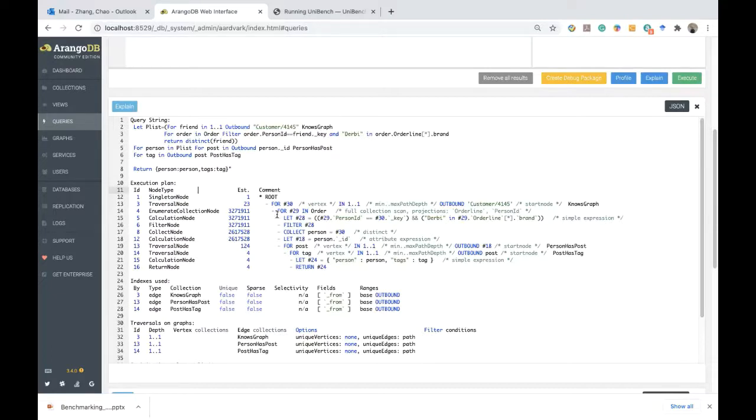So here we can see the cross-model join between the order and the graph. Due to there being no indices available, the estimated cost is much higher than other nodes.